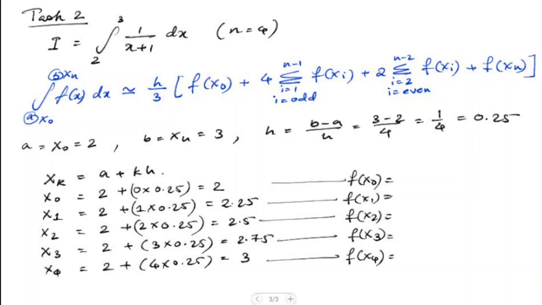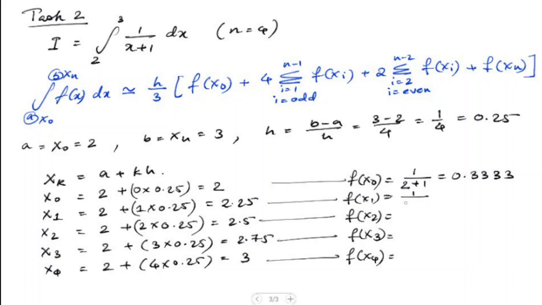So this here you will get if you put in the value of x0 inside our function, so it will be 1 over, sorry, x0 is 2, so here we have 1 over 2 plus 1, so that will give us the value 0.3333, and then we can continue doing this.